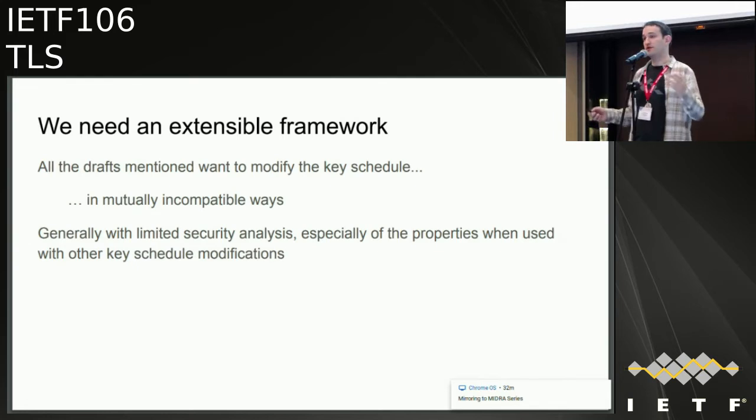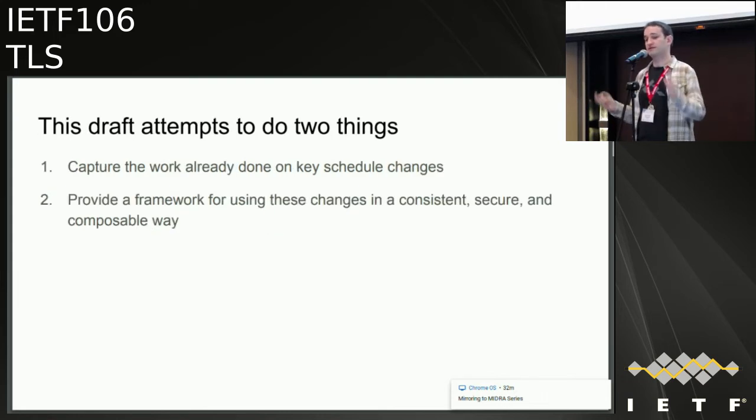Okay, so what we need is an extensible framework. All the drafts I just mentioned modify the key schedule in mutually incompatible ways. And they generally haven't had huge amounts of security analysis, and they definitely haven't had security analysis of what happens when you use them with other key schedule modifications. And there are lots of dragons there.